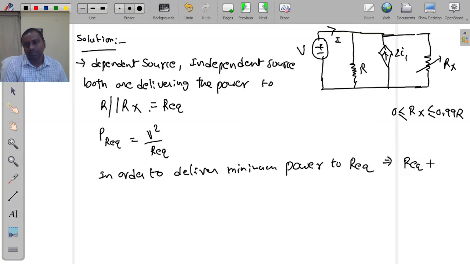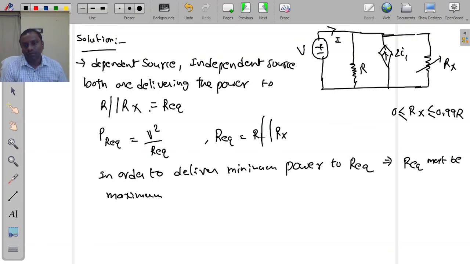R equivalent must be maximum. In the sense, R equivalent is a parallel combination of R and Rx. So Rx parallel combination is R into Rx divided by R plus Rx.